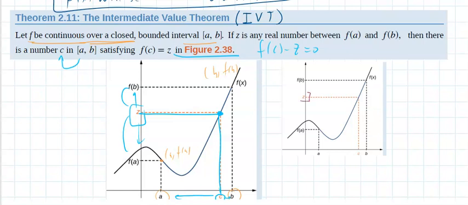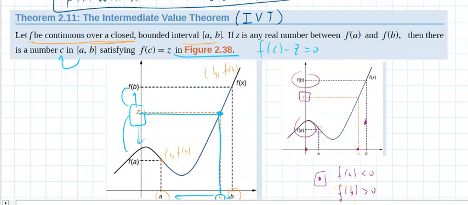If I subtract a z from this, that will become a 0. If I subtract a z from this y, and if I subtract a z from this, this point right there will be right. And all we have to do now is show that f of a is negative in this case, f of b is positive.